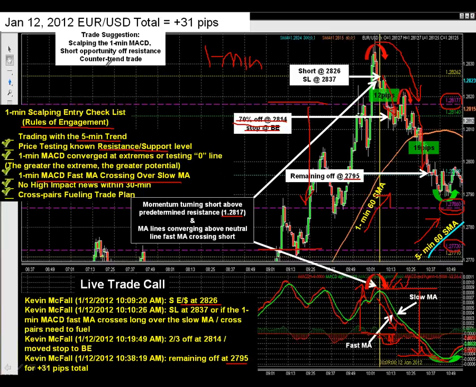Okay, so this is a counter trend trade. This is how you can trade with a counter trend, using just the three indicators. Remember, most of these indicators, the MACD and the trend lines, are available free from your broker. I will provide you the resistance support lines, but you can see how valuable these resistance support levels are.